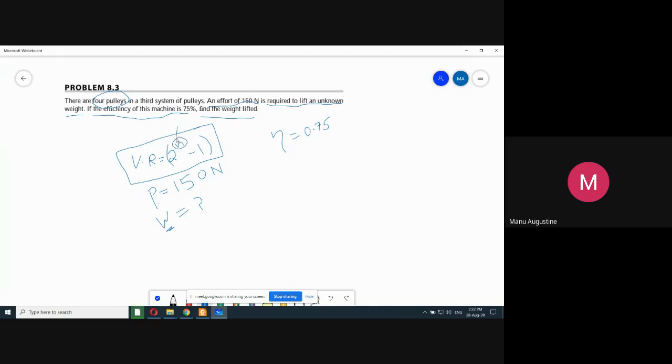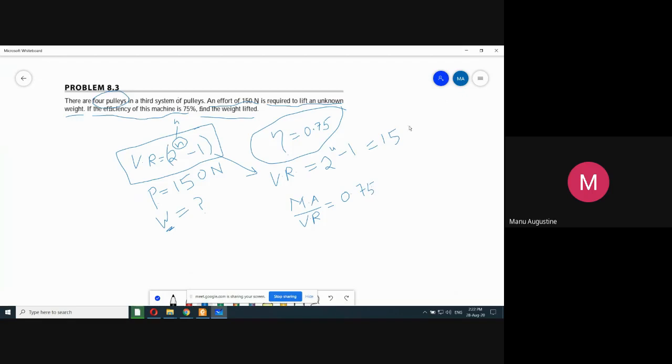ये हो गया 4, ठीक है? ये बहुत ही सिंपल प्रॉब्लम है। तो वेलोसिटी रेशियो की वैल्यू कितनी हो गई? It's easy. Velocity ratio is equal to 2 to power 4 minus 1 equals 15, ठीक है? तो वेलोसिटी रेशियो 15 हो गई। Now efficiency is given as 0.75, तो मैं ये सीधे सीधे लिख सकता हूं, efficiency is mechanical advantage upon velocity ratio, this is given as 0.75.